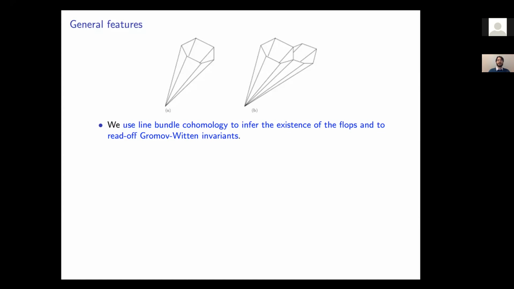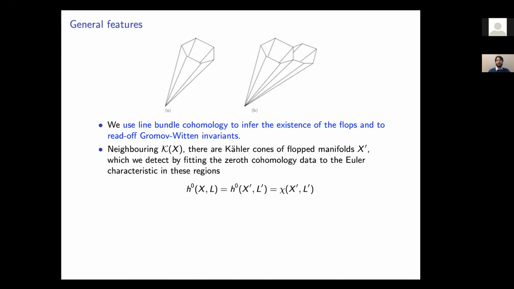in each cone you can fit a polynomial formula for the cohomology. Okay, and what you do, so you see that there is a formula in the Kähler cone, you see that there is a formula in a neighboring cone. You fit the Euler characteristic formula to the zeroth cohomology data, and then you read off some intersection numbers and some C2.